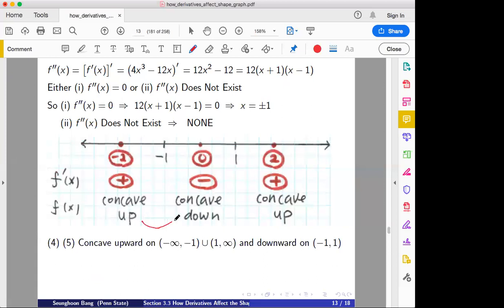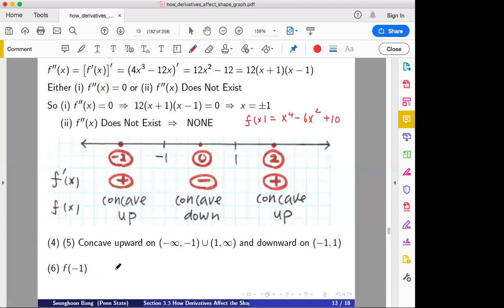The concavity changes from up to down here, and from down to up here, at 1. One more thing, the function f is a polynomial, always continuous. So we have inflection points. You can calculate f of minus 1. What's f of x? From the previous one, f of x is x to the 4 minus 6x squared plus 10.